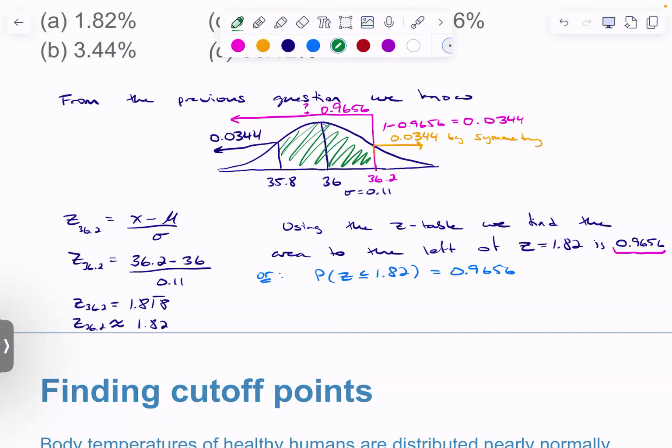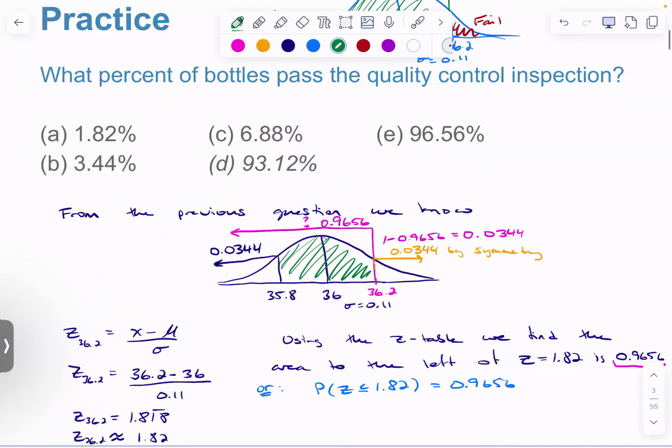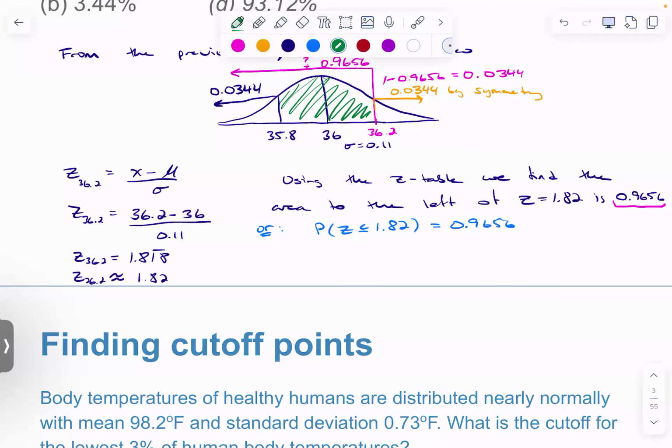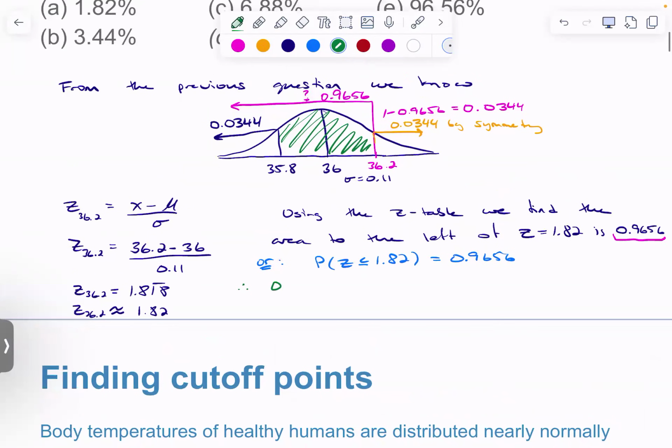The probability that a bottle passes inspection, or what percent of bottles pass the quality control inspection. Therefore, 0.9656 minus 0.0344 is 0.9312, which you could have gotten to by taking 1 minus 0.0344 minus 0.0344.